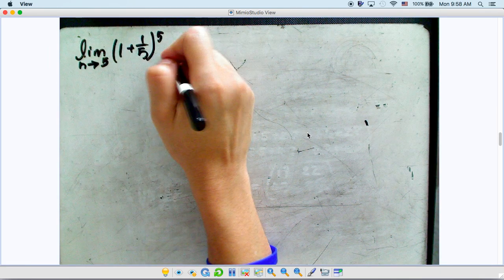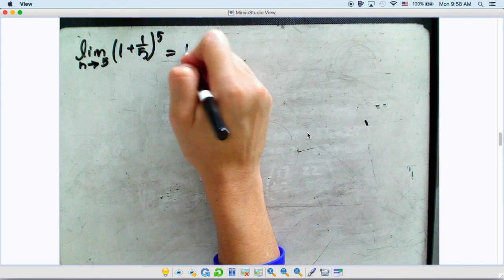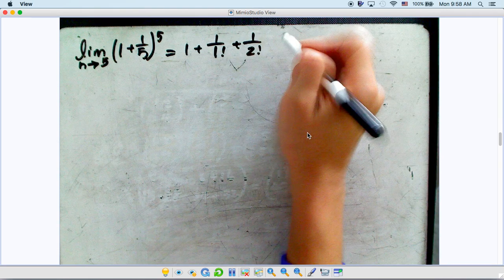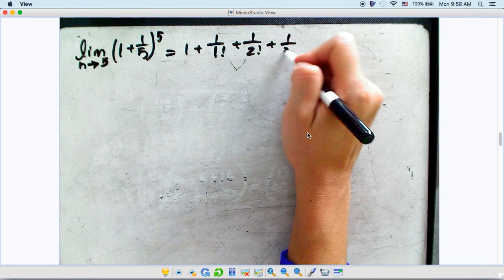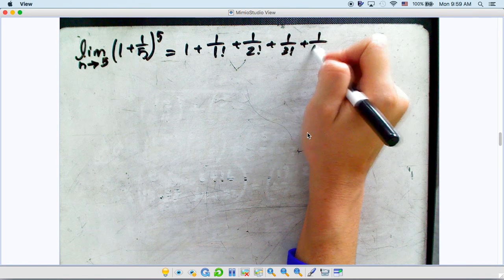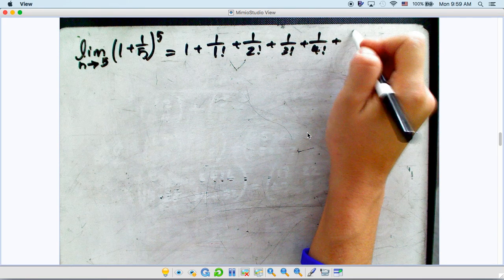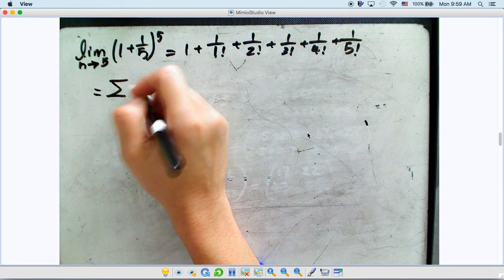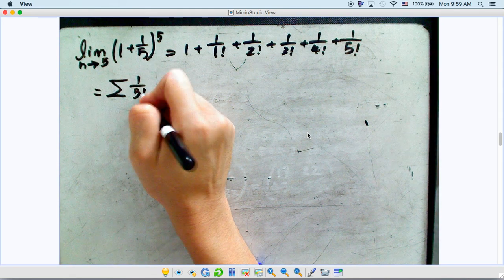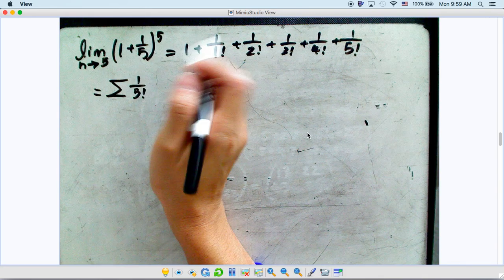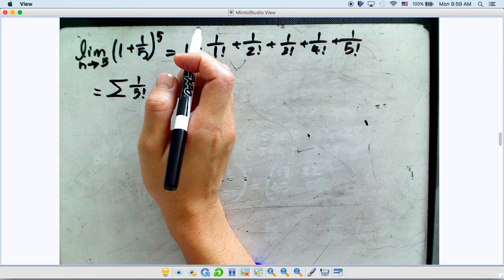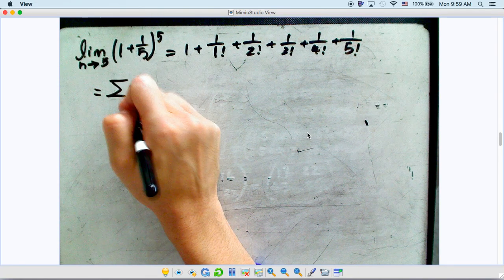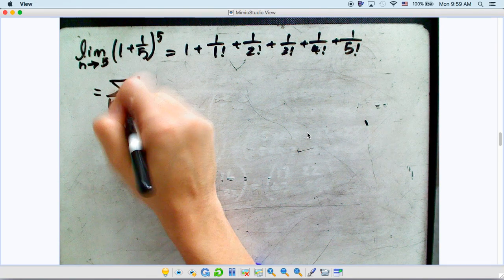Then that's going to be equal to 1 plus 1 over 1 factorial plus 1 over 2 factorial plus 1 over 3 factorial plus 1 over 4 factorial plus 1 over 5 factorial, which you can write as the sum of 1 over k factorial as k starts from 0 and ends at 5.